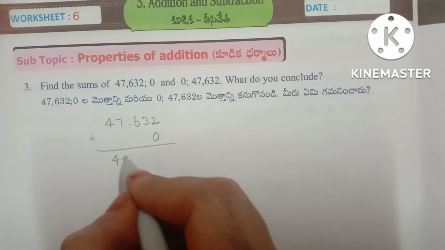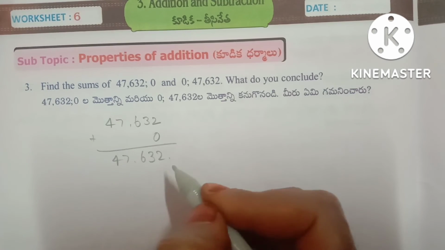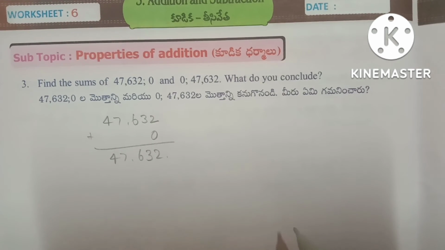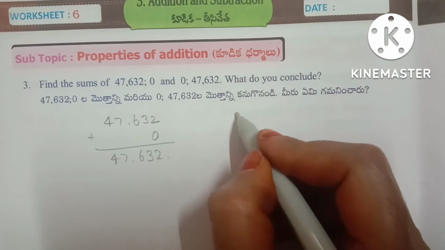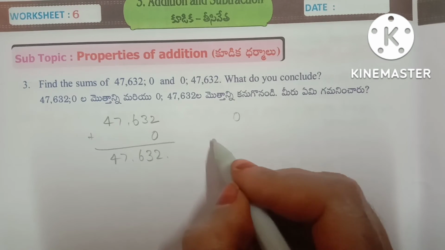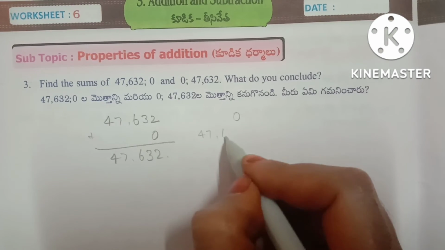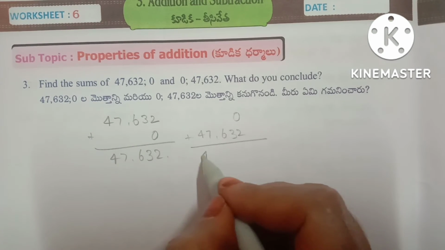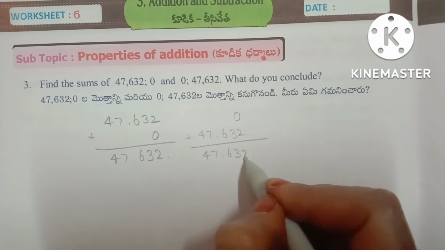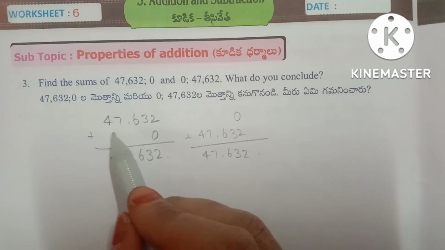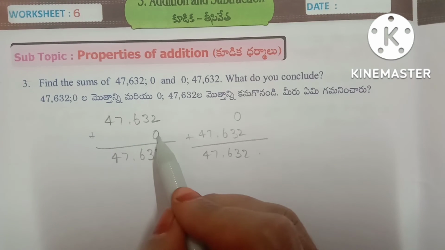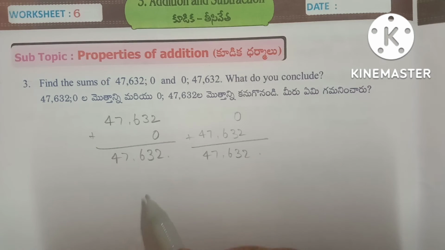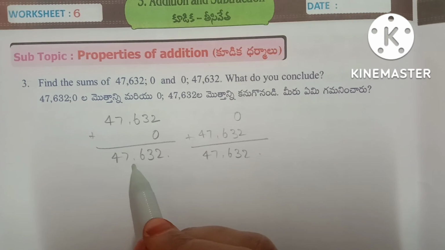We get 47,632, and add 0 plus 47,632. Then also we get 47,632. If we add a number to 0, we get the number itself.